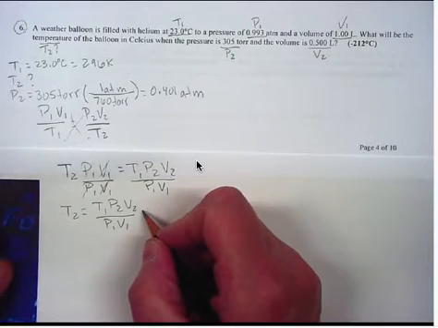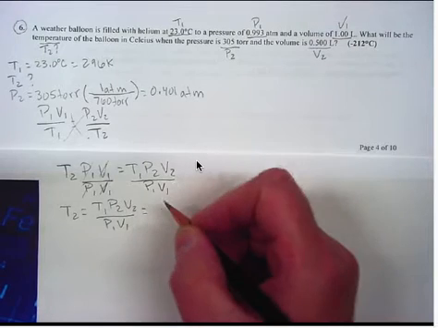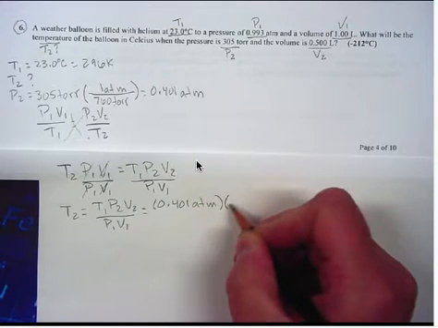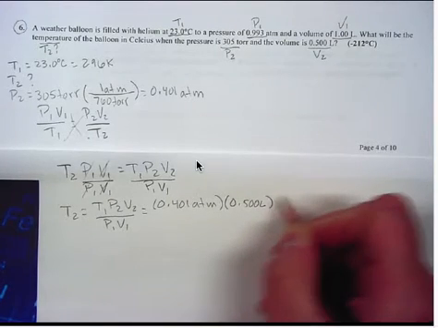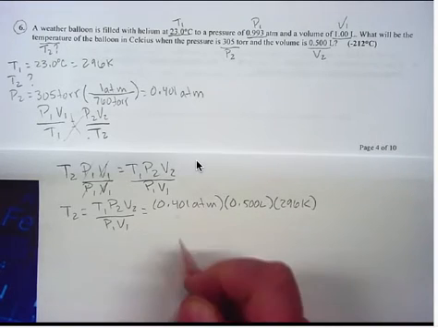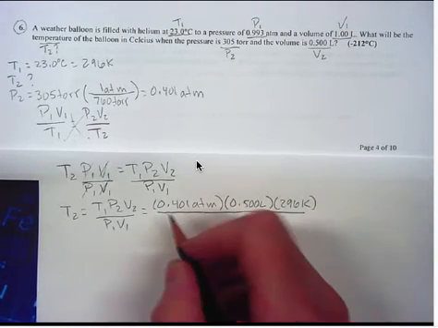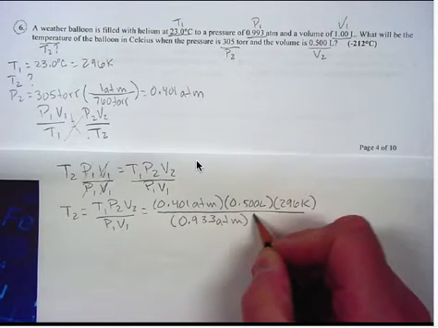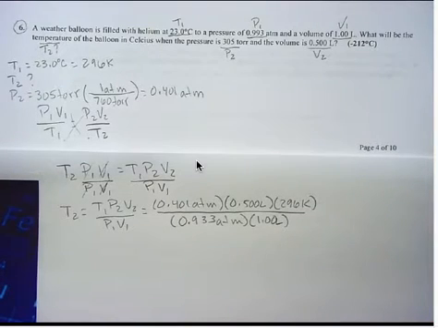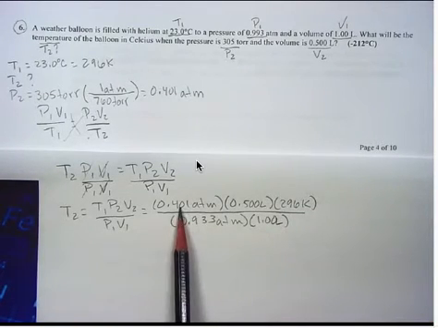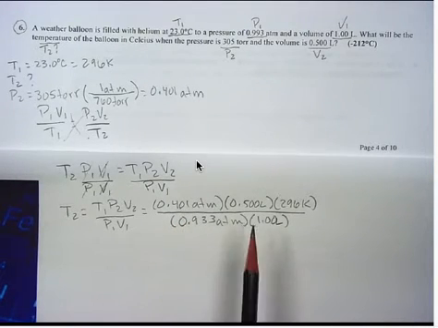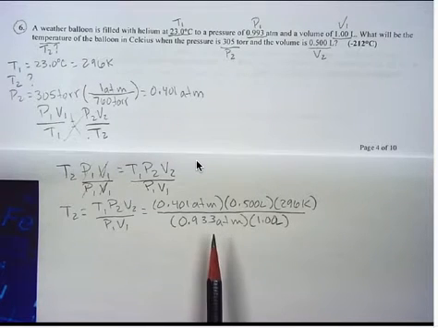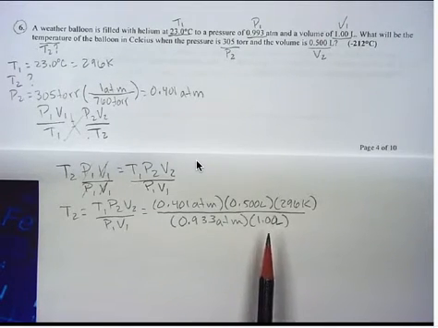And then you substitute in the numbers that you've already put in the correct units: my second volume, second pressure, initial temperature, divided by my initial pressure and my initial volume.